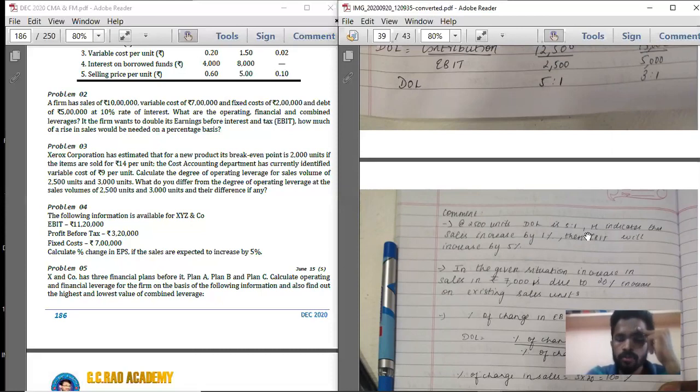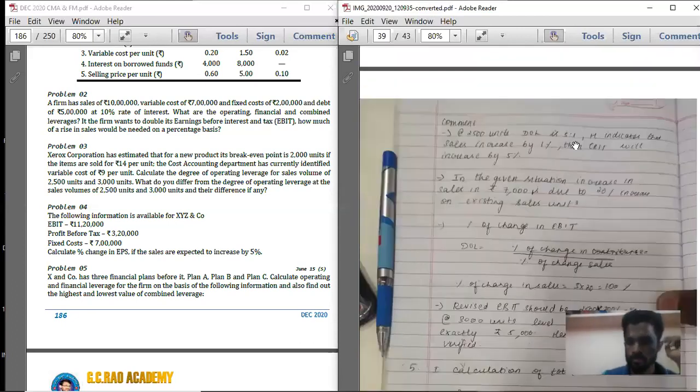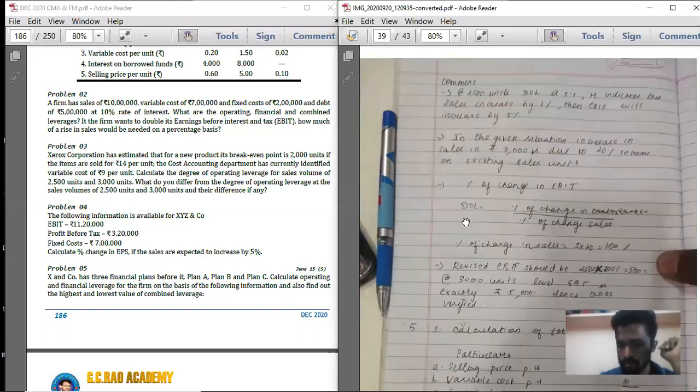Now below that, second arrow mark: in the given situation, the increase in sales of rupees 7,000 is due to a 20% increase in existing sales of units. Wait a minute. They have not asked anything except this 2,500 and 3,000. So this forms part of some other answer.